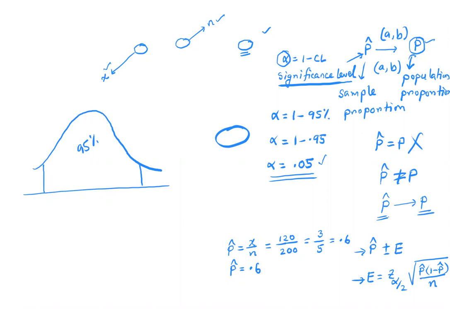So that 5% falls outside. This region and this region are going to be 5%. That's what the significance level is.